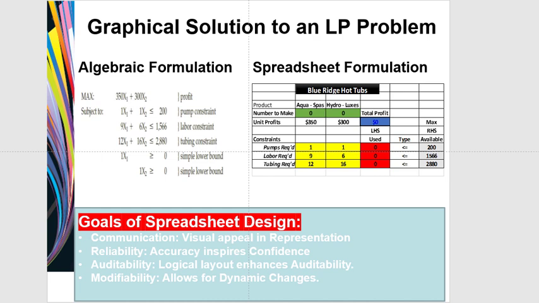Therefore, to this end, you should first spend time organizing the data for the problem in your mind's eye, visualizing how the data can be laid out logically before you start typing values in the spreadsheet. So think about this formulation. If you're presenting that information to an accountant, for instance, how would you want to present this information in a spreadsheet in a format that is understood by the stakeholder? Remember, the focus is on the person you're going to present to.